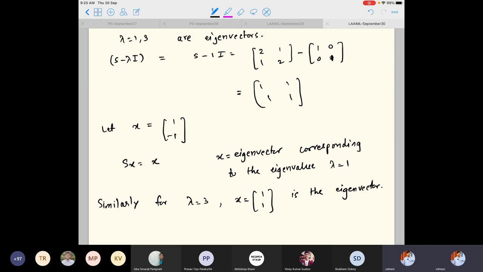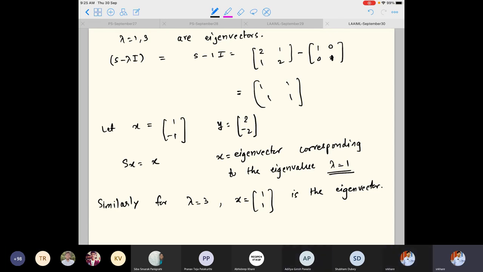But if I take y to be equal to (2, -2) in this particular case, then will y be an eigenvector corresponding to the eigenvalue lambda equal to 1? Sir, can you just repeat? If I take the vector y equal to (2, -2), then is y an eigenvector corresponding to the eigenvalue lambda equal to 1?